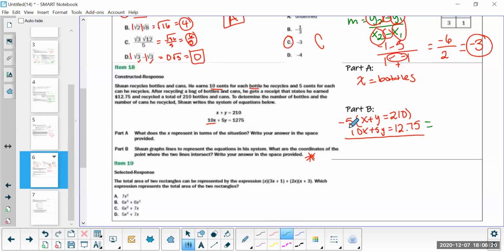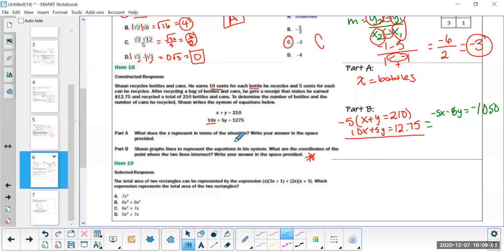So -5 times x is -5x. -5 times y is -5y. 210 times -5 is -1050.